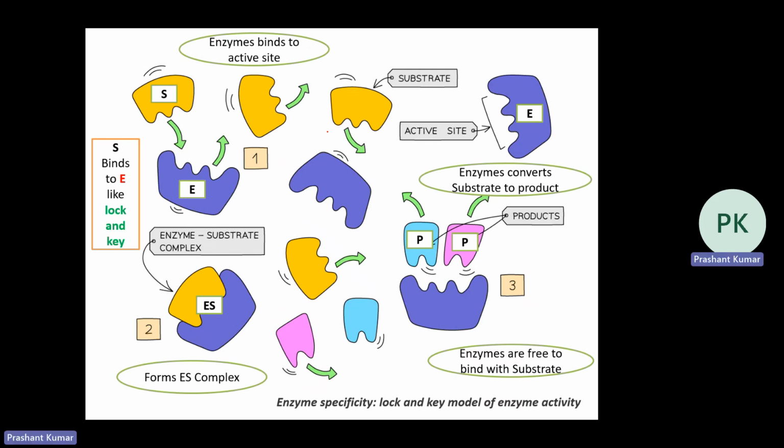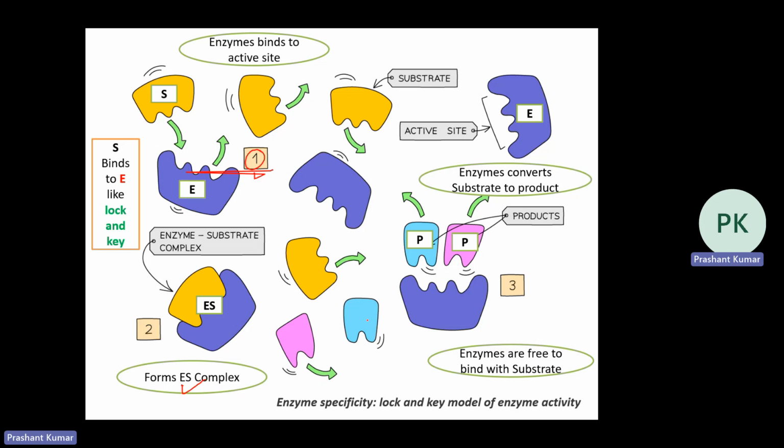Okay, so this is quite a complicated diagram. I can see there are so many things. So let me show you one by one. So first, how substrate acts on the enzyme. So you can see here is number one, where the substrate is going to bind to the enzyme, and after binding, they have formed a complex.